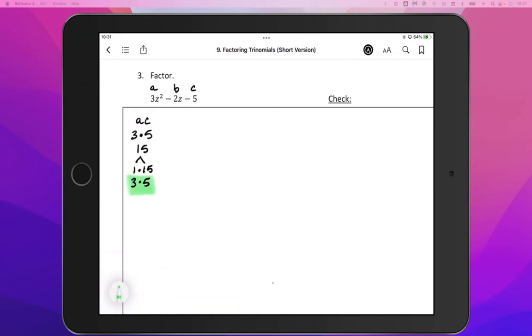Three and 5. If I use a +3 and a -5, I will get -2. So that's what I need to do. I need to split this middle term up into a +3 and a -5.